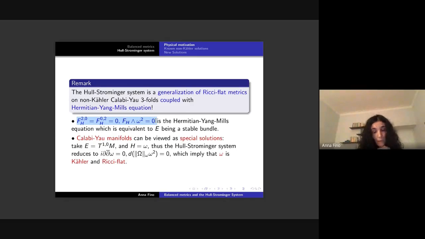One can also use this for orbifolds, but one has to be careful, because the type of singularities that you take on the Kähler orbifold has to be mild. For this, we use a result by Simpson, which in some sense says that if the singularities are not too bad, then you still have this equivalence.